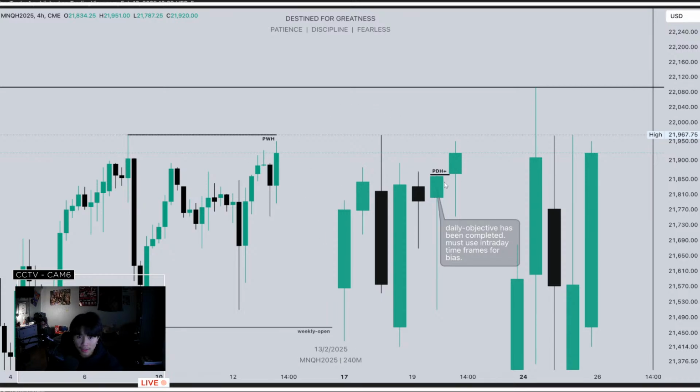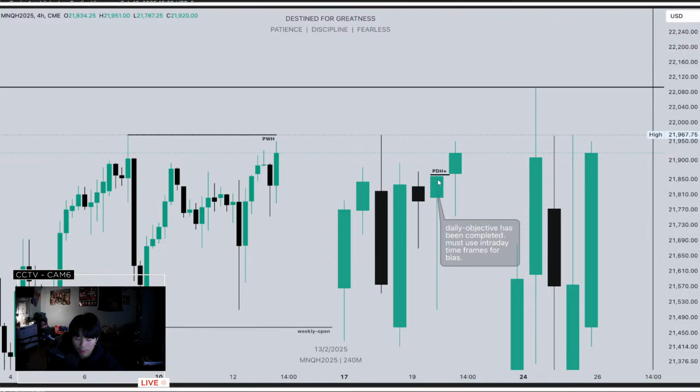The daily objective here was for us to take out the daily high, right? So notice how we close here on this daily candle right here. The way that we closed, it's a bullish closure. I can anticipate for us to take out the daily high. So once we take out the daily high, we have essentially completed the daily objective.